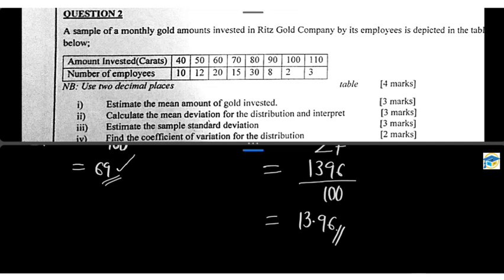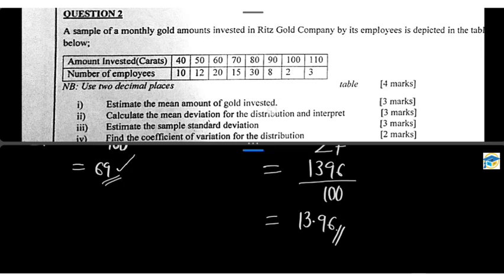I hope that is fine. So in terms of differences with regards to the mean amount, the difference exists by 13.96. So that is the interpretation behind the mean deviation, right? So that is that with that.